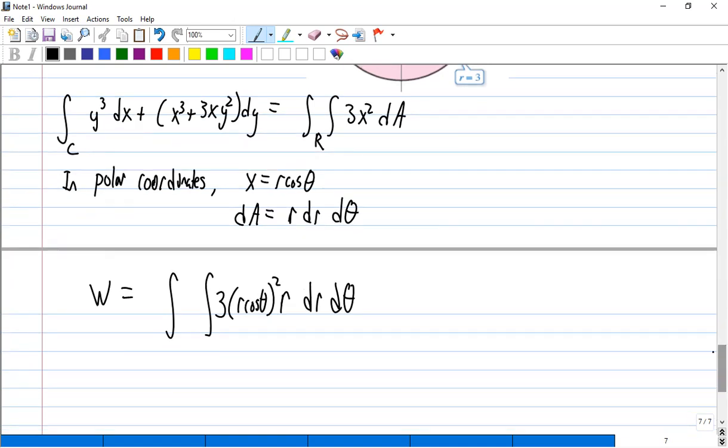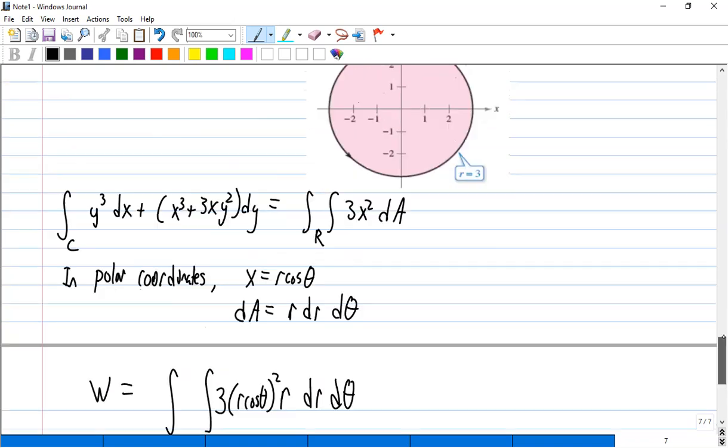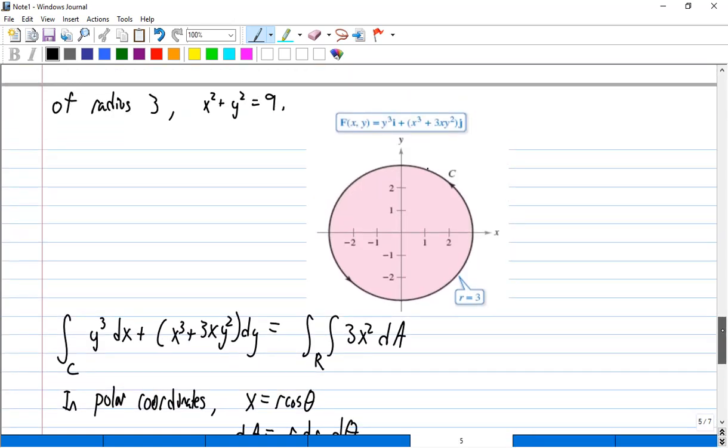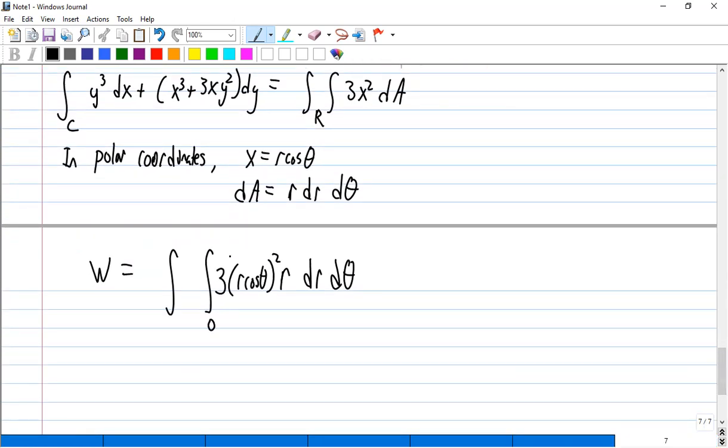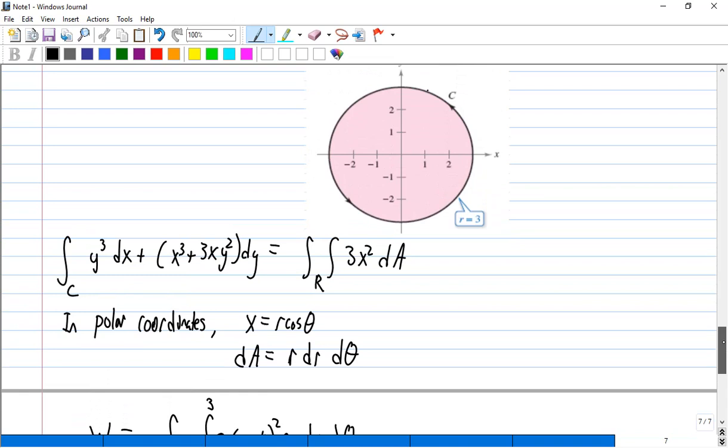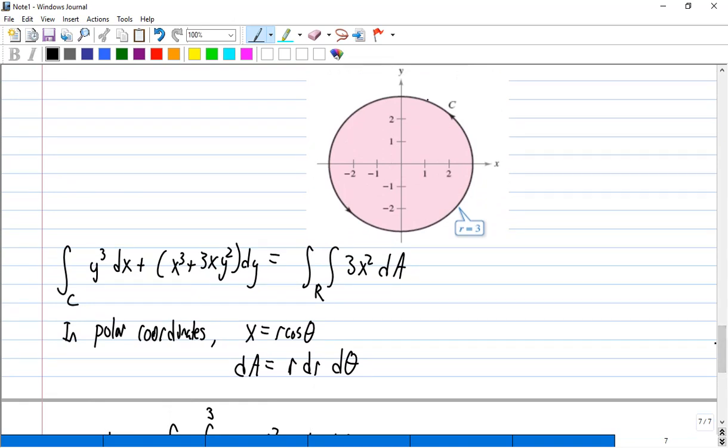All right, so what's my radius? That's my dr. Well, we were told a radius of 3, so 0 to 3. Now, how far does this simply connected, smooth curve C go around?